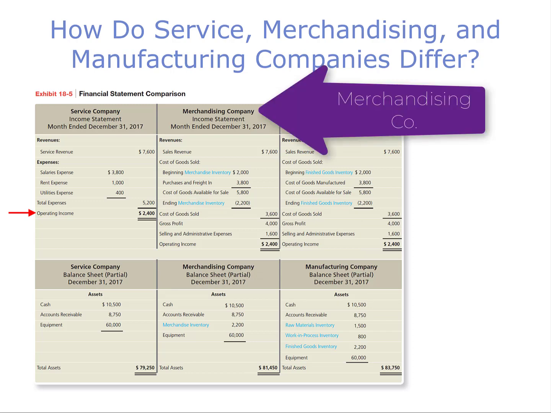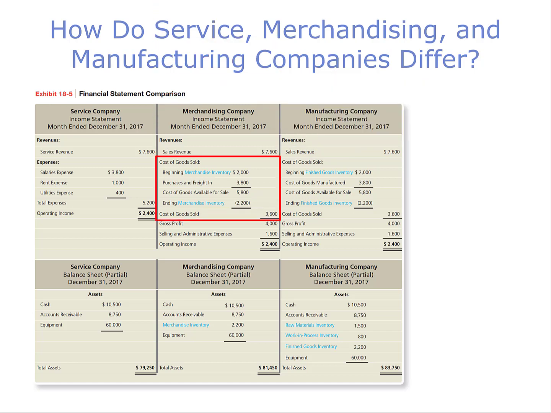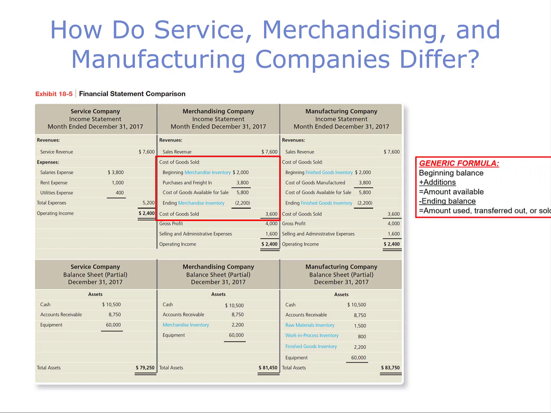The income statement for a merchandiser is a bit different. Notice we have a cost of goods sold section. Also notice that the formula follows our generic formula. We take the beginning balance of merchandise inventory, plus the additions, which is purchases and freight in, and this gives us cost of goods available for sale.